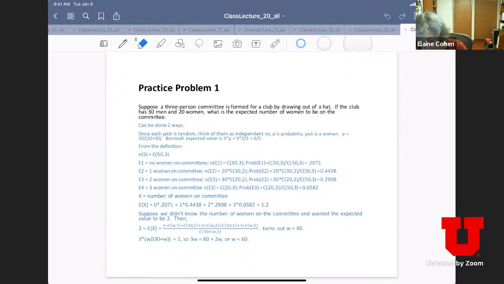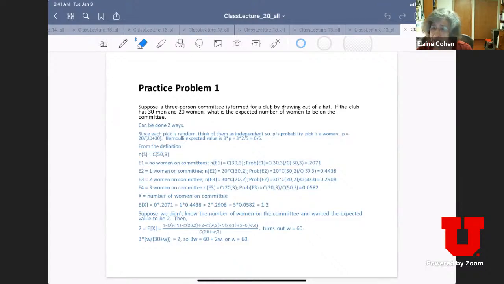So we jump down to the bottom here to the word suppose. Then we would write 2 is the expected value of X. And that would be 0 times the probability that there were 0 women on the committee. And we just left that off. Plus 1, that's the value, 1 woman on the committee, times the combinations of W women taken one at a time.